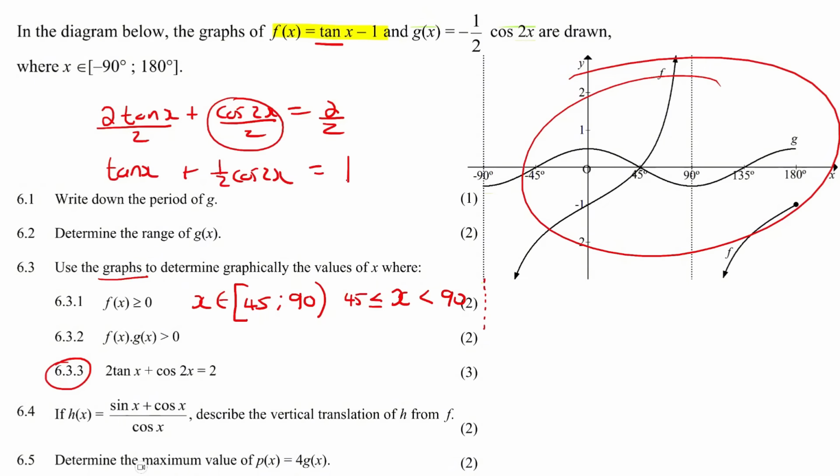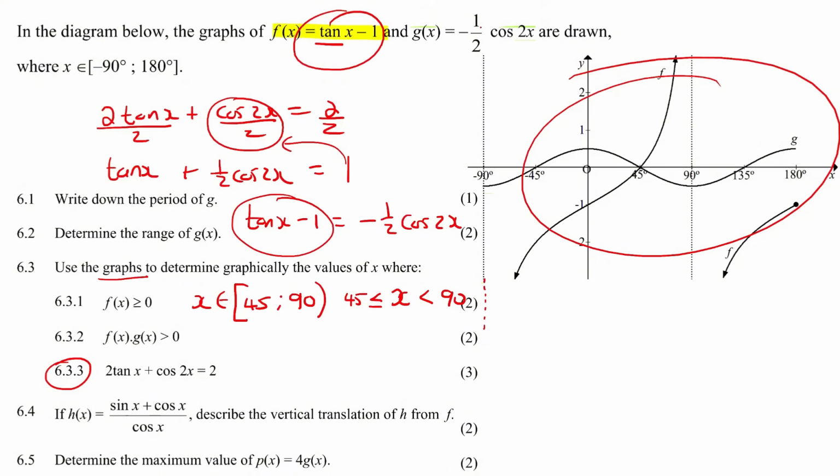Now, what we could do is, okay, I know that we had tan x minus 1, so I'm going to bring this over, so we get tan x minus 1, and then I'm going to take this to the other side, and now, guys, have a look here. Tan x minus 1 is that one, and then negative half cos 2x is that one over there.